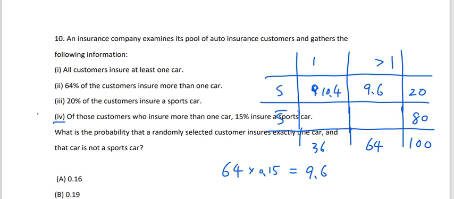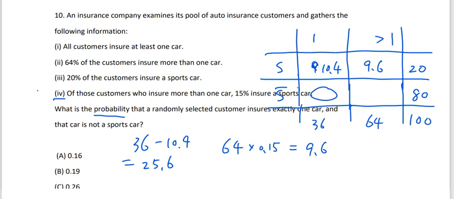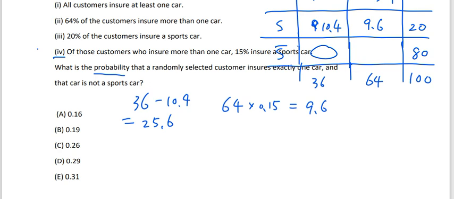And what we want to find is the probability that the customer insured exactly one car, and that car is not a sports car. So just equal 36 minus 10.4. So this equals 25.6. So do we have this answer? Yeah, about 26.